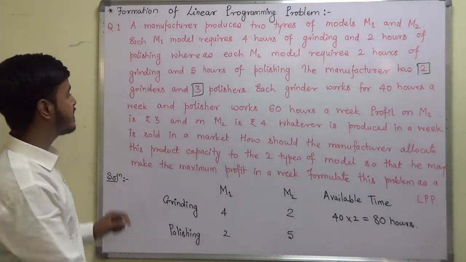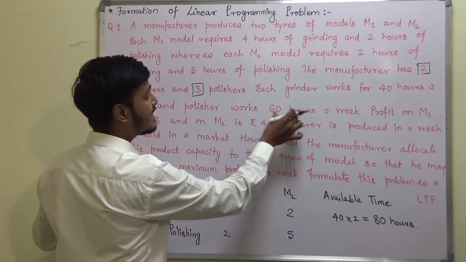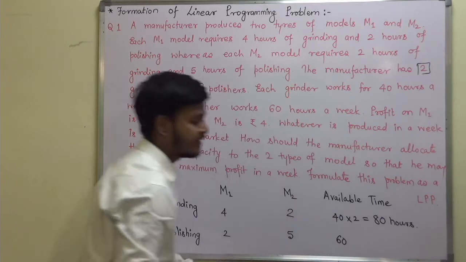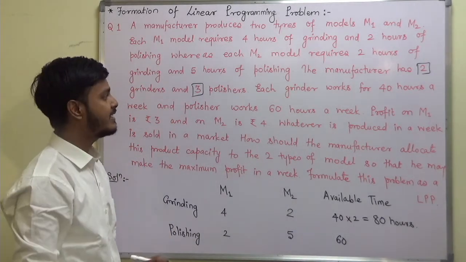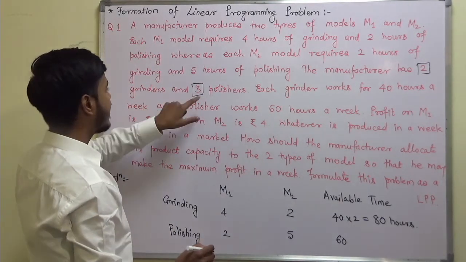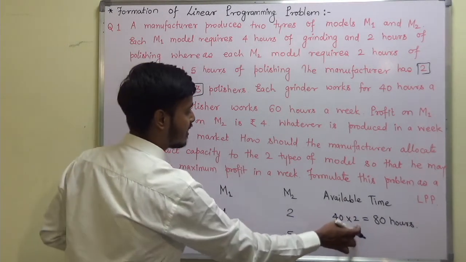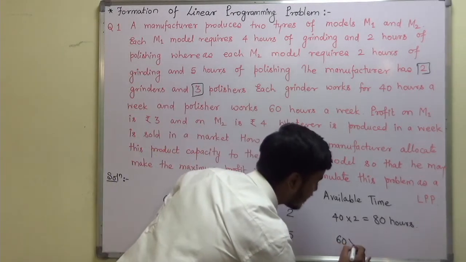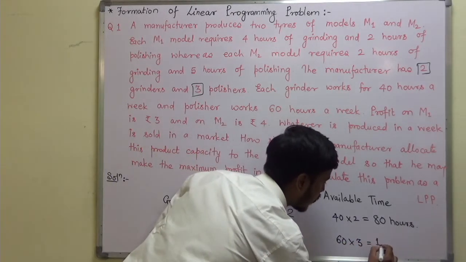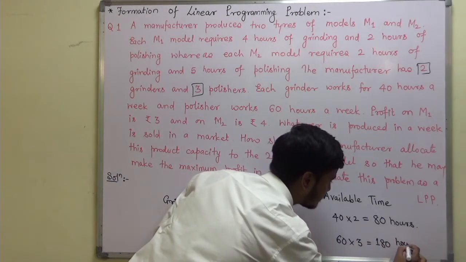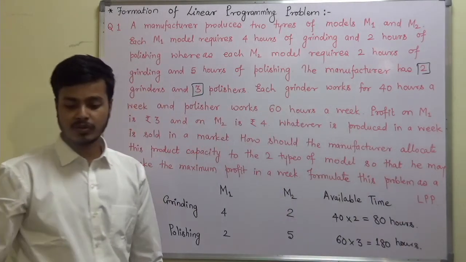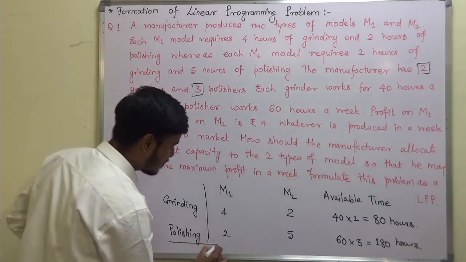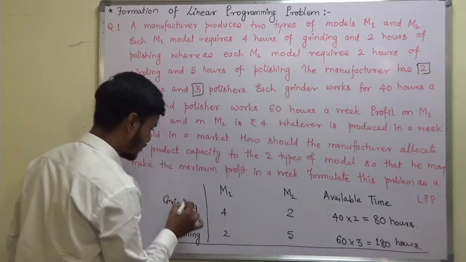And each polisher works 60 hours a week. So how many polishers do we have? 3. So 60 into 3, that's 180 hours a week. Any doubt up to this? If you can make this table, all the things would be very simple for you.